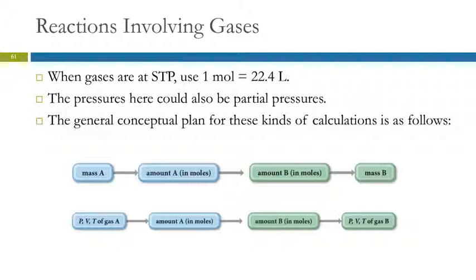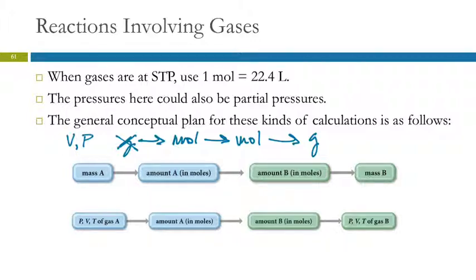So what I've taught you is that stoichiometry follows this path, grams to moles to grams. And we've already seen a couple of variations when we had solutions instead of masses. And here we're just doing another variation. Here the reactant, instead of a solid that we can weigh, might be a gas. And so then we have a volume of the gas, and we also have to have specified the pressure and the temperature of the gas.